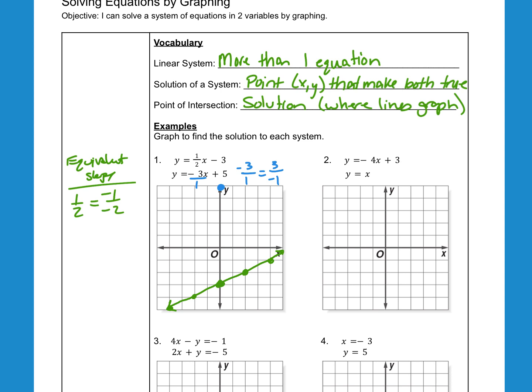Starting from my y-intercept of 5, I can't go up, so we don't really want to use this one this time. I can go down 3 and right 1. I'm going to keep going down 3 and right 1, down 3 and right 1, and then I'll draw my line nice and straight.